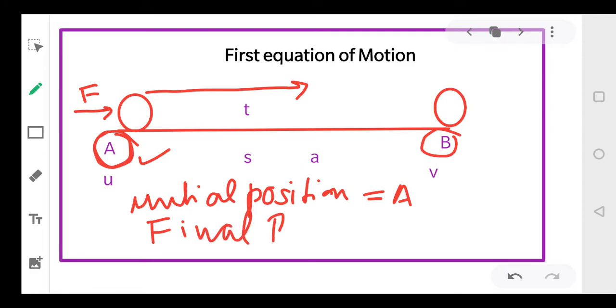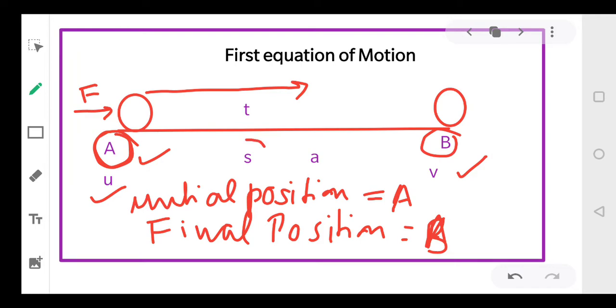The final position is B. Okay, the object was present at A. Now the object is present at B. Okay, clear students? Okay. Now when it was present at position A, it has velocity U. When now it is present at position B, it has a velocity V.